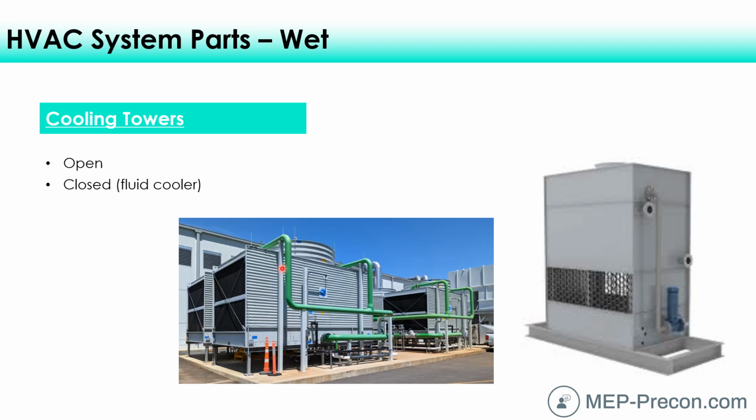In order for evaporation to happen, it has to pull heat. So in order for water to move from a state of liquid to a gas, it must absorb heat. And so we're going to force evaporation by spreading out that water over a large surface area. And then there's a fan within a cooling tower.